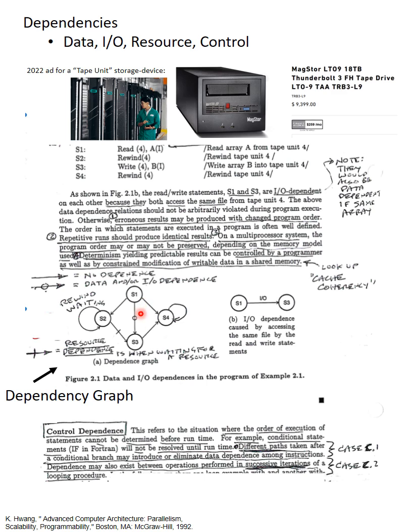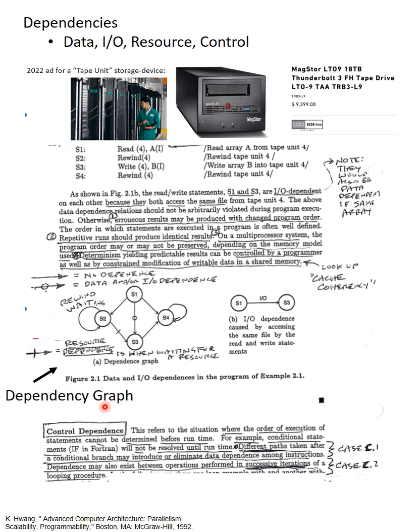So you can see the flow of things when it's rewinding in the 2 cases above, when you're just rewinding the tape unit, and then actually waiting between S2 and S3 because you can't write while you're rewinding. So you're waiting on the resource, and the circle here is the I/O dependence we've talked about above, where you're reading and writing different arrays at different times.